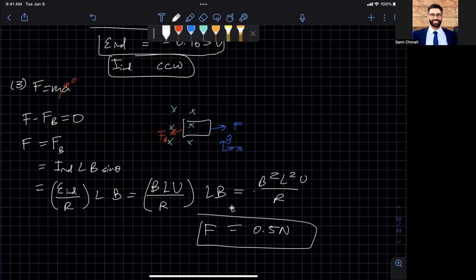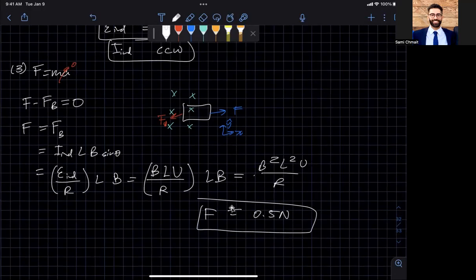Okay, and I don't think they ask you, but if you were to ask which way the induced current goes, which way would it go? Yeah, it is clockwise.